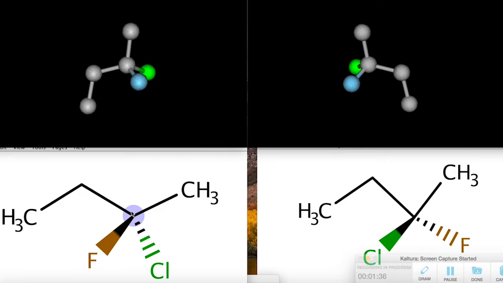We've already established that they form a mirror image, so we know that these are also not diastereomers. So that leaves us with 2 options. Are they enantiomers or meso compounds? Now we're going to look at these compounds to determine if they have a plane of symmetry. If the compound is symmetric, then it cannot be an enantiomer or a diastereomer, but it can be a meso compound or an identical molecule.